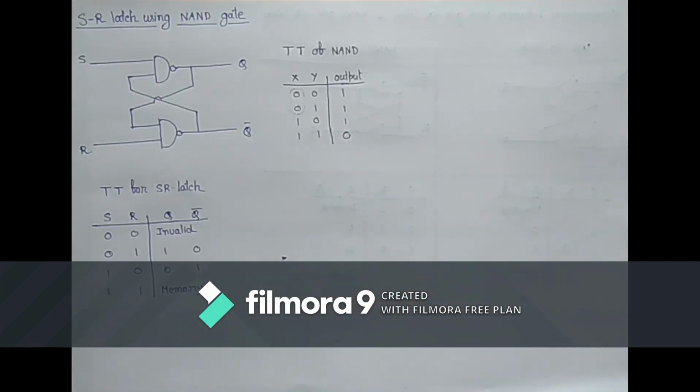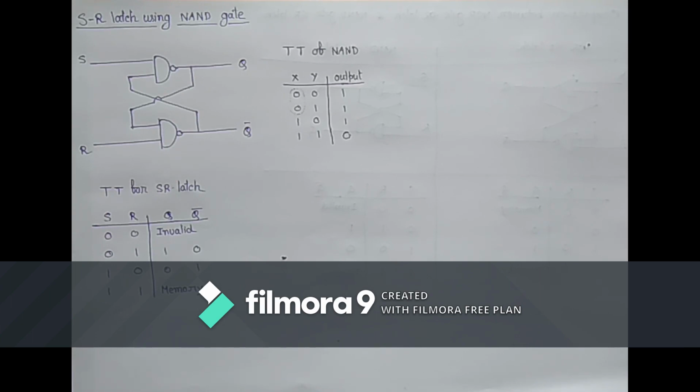That means when one input is 0, it doesn't depend on the other input. The output is always equal to 1. Now we will utilize this fact to form the basic circuit operation of SR latch using NAND gate.